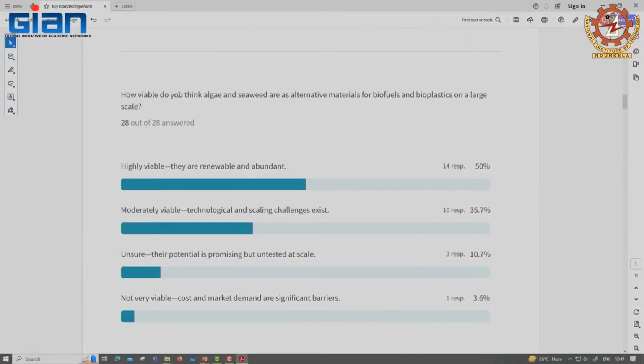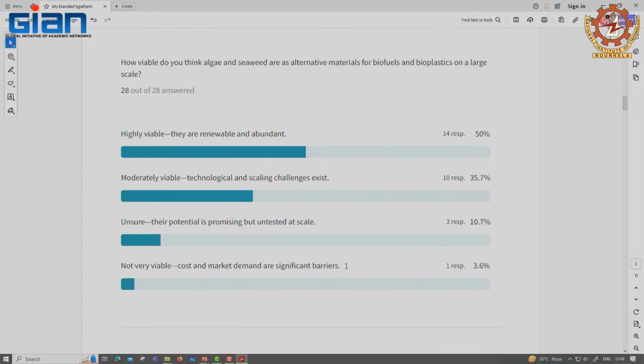How viable do you think algae and seaweed are as alternative materials for biofuel and bioplastic on a large scale? 50% do agree, that's good. Everybody cannot agree with that, depending upon the thing. Moderately viable, unsure, not very viable, cost effective market. I would like to see who the respondent for this is. I can guess.